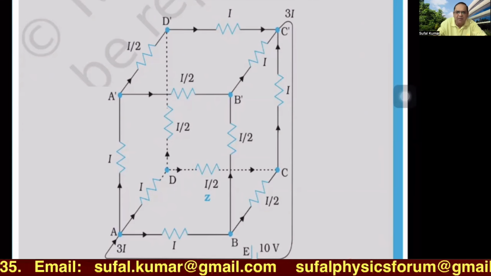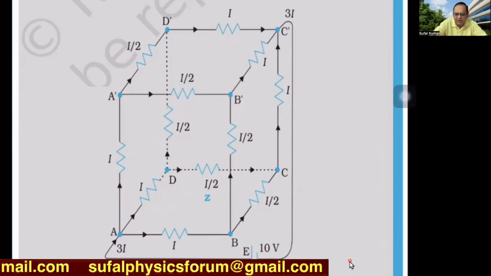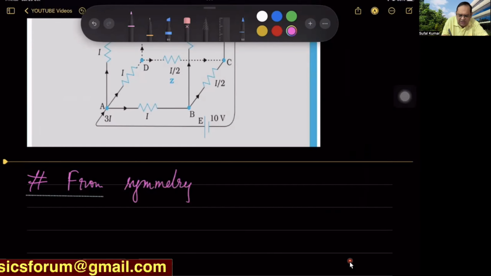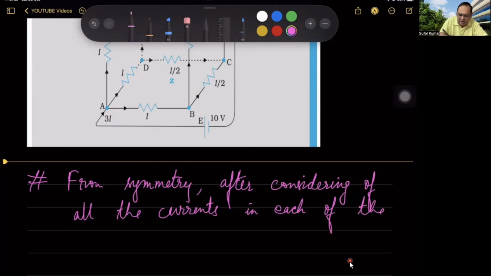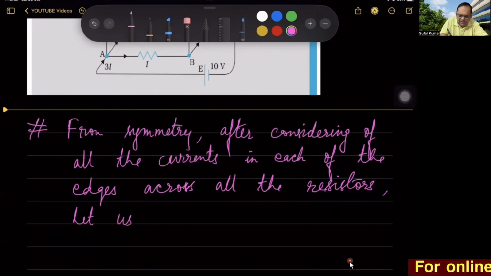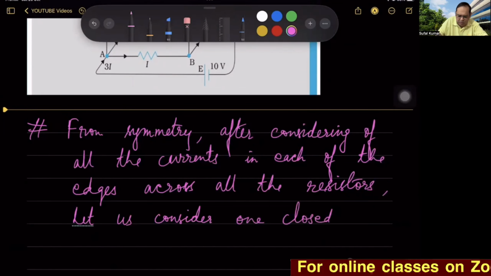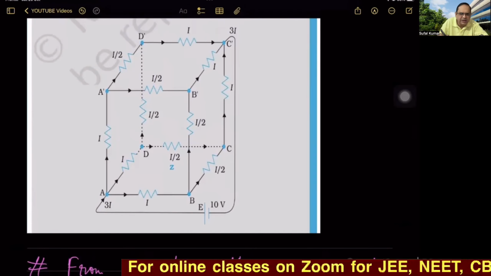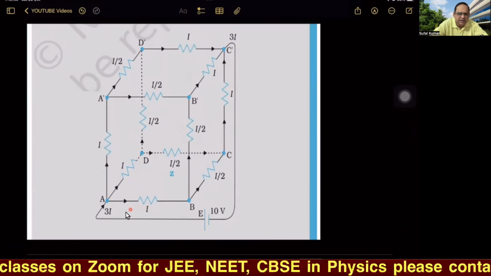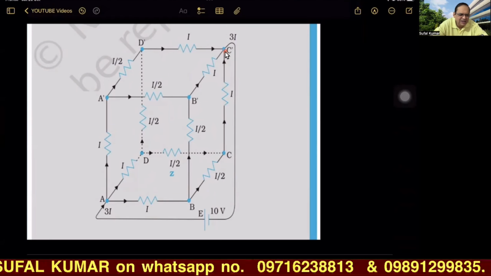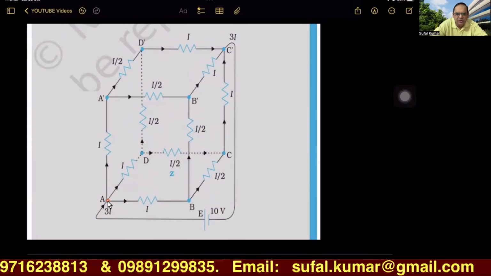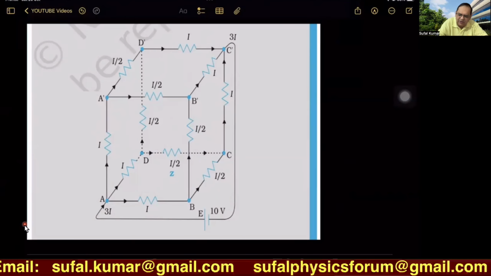Now how do we apply Kirchhoff's law? This was from symmetry, after considering all the currents in each of the edges across all the resistors. Let us consider one closed loop here in the circuit: A, B, C dash, E, A. I'm marking this closed loop in a different color.